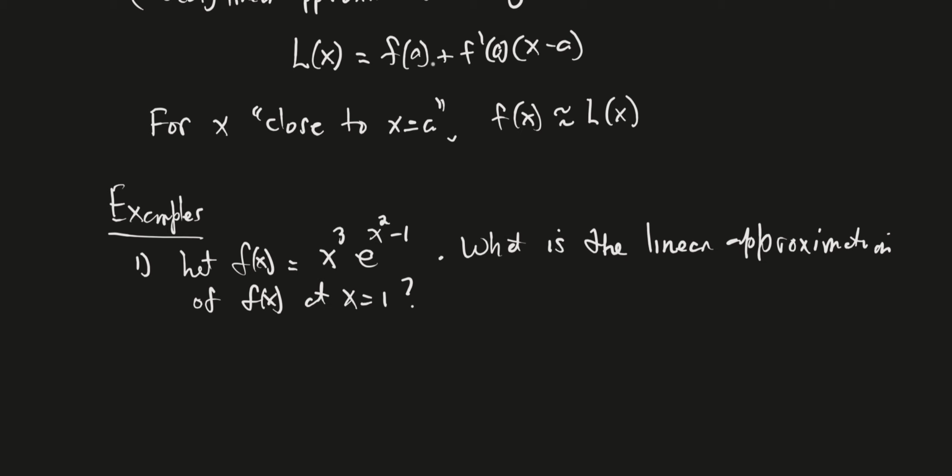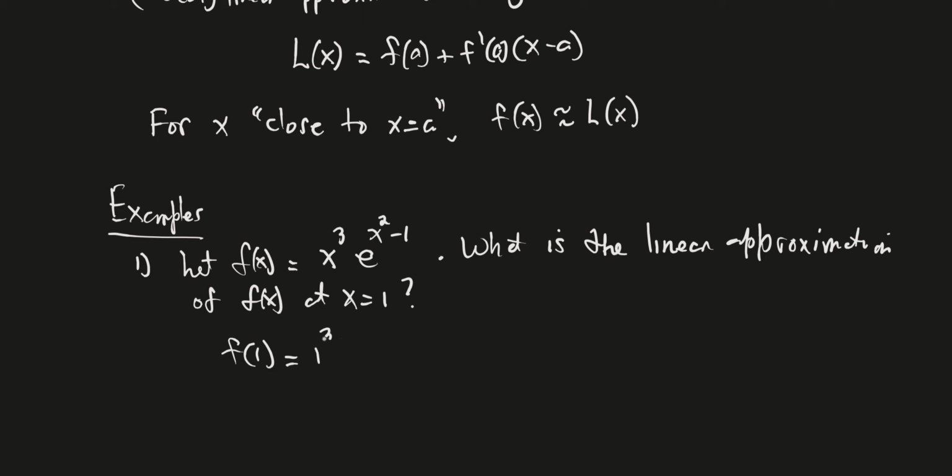So when you look at this formula, again, it's the two standard things that are needed. We need the function value at a. We need the derivative value at a. Use this nice linear formula, and that will give us our linear approximation. So let's first find f of 1.